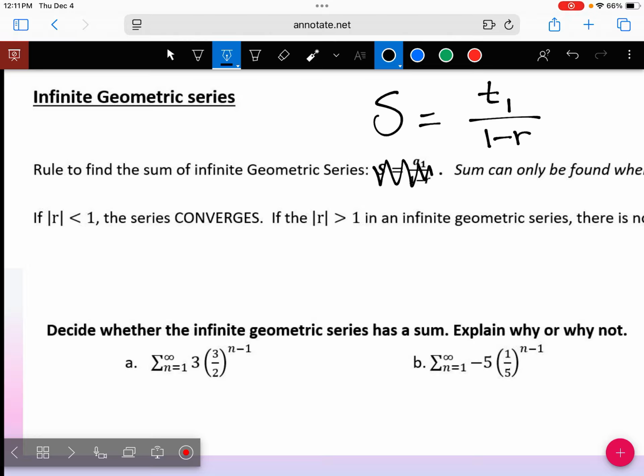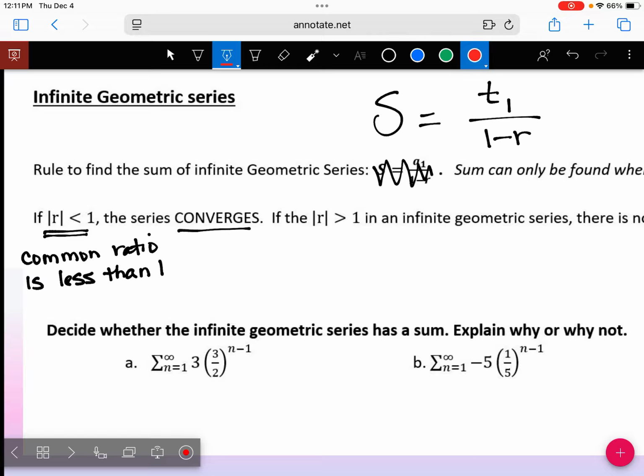Okay, so do you agree? Well, first of all, it converges if the absolute value of r is less than 1. So if my common ratio, and I'm talking about the absolute value, is less than 1, it's going to converge.